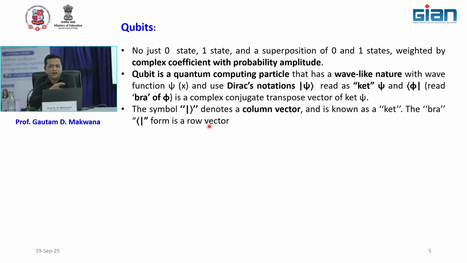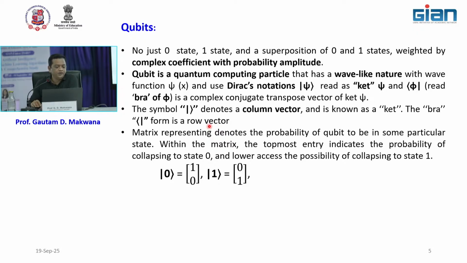It is the ket notation when it is a column vector, and it is the bra notation when it is a row vector. So this is how we can represent the qubit in matrix formation.